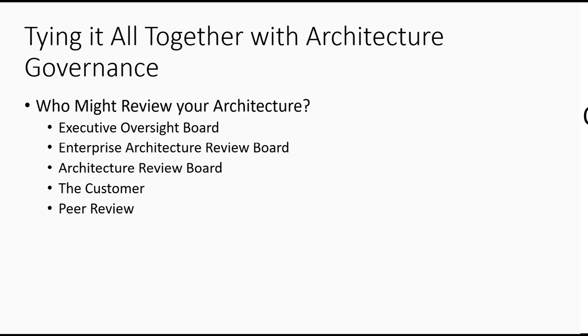And then the Architecture Review Board, which will review the individual solutions. And there might be a few of these in a large organization. Then there's the Customer Review and the Peer Review. So if you have all 5 of these elements, you have an architecture governance practice. And again, they should all be described as to how they work and how they fit together in your meta-architecture.